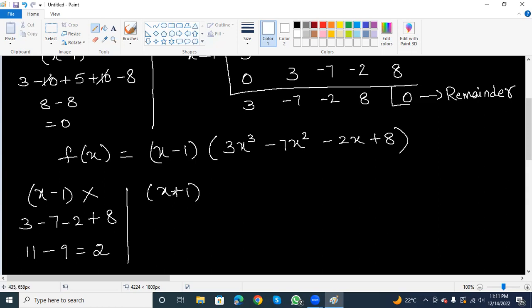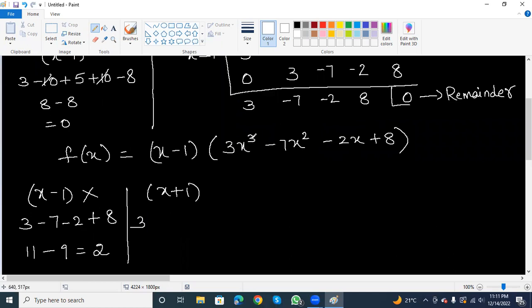So for this, we know that the sum of the odd power coefficients, meaning x cube and x power 1, is equal to the sum of even power coefficients and the constant term. So let's take the odd power coefficient sum. 3x cube is an odd power, right?